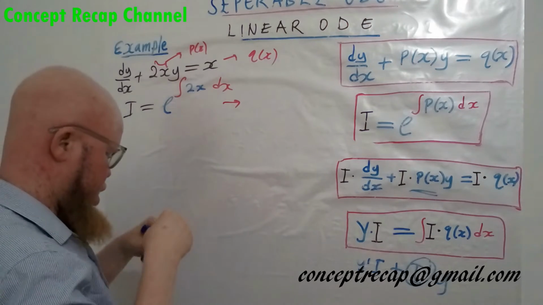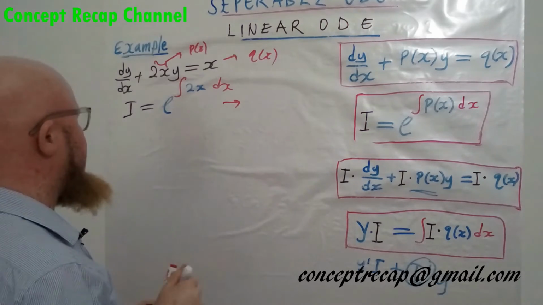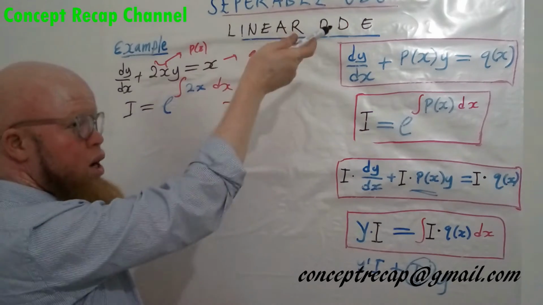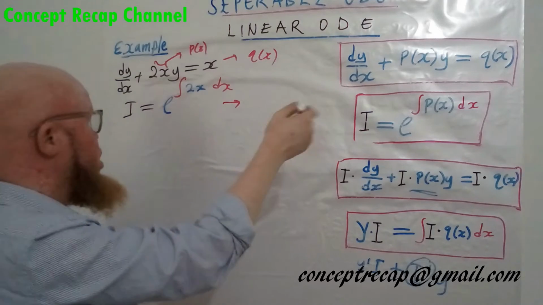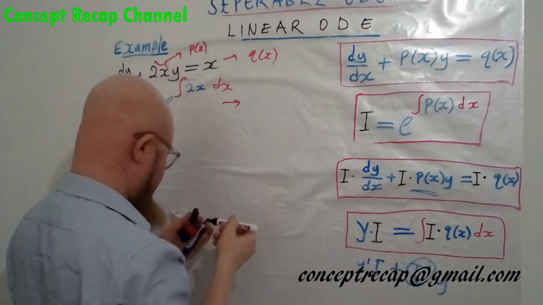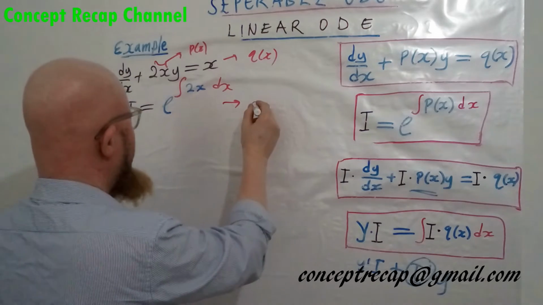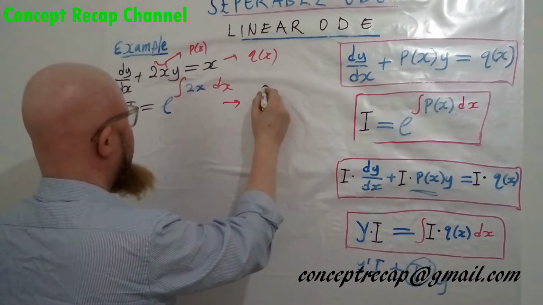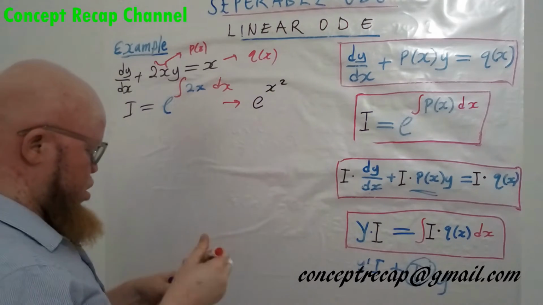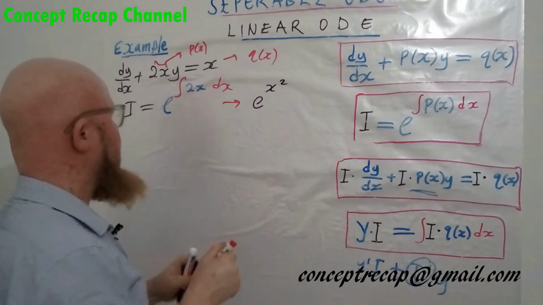If you integrate that, you take 2 out, then x squared over 2, divided by the power, and then your integrating factor will be e to the power x squared. So that's what your integrating factor will be like.